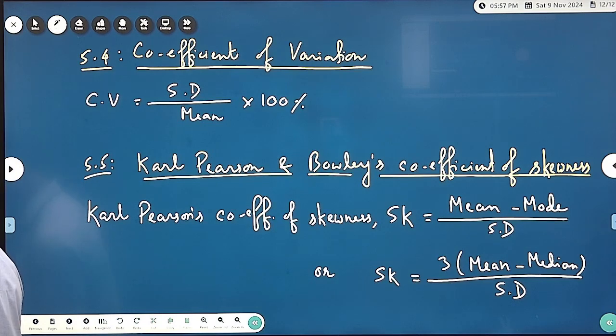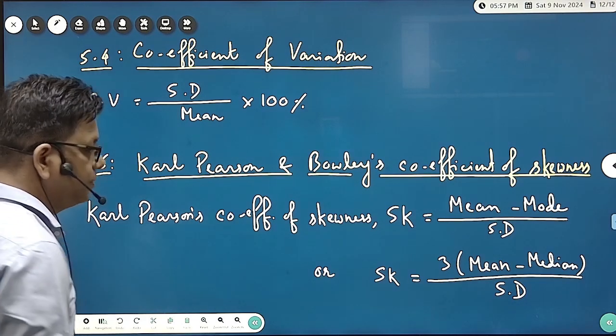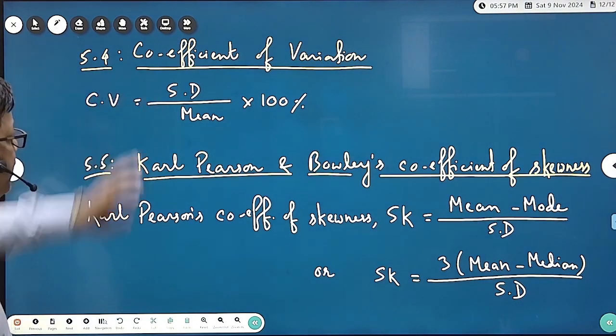All right, so I'm going to wind up the class. Listen to me carefully. Bowley's coefficient of skewness I will be doing after a few classes. Look at this. This is 5.4, coefficient of variation. We did variance, now coefficient of variation. Physically, what they actually mean I can explain, but it will take time, and our question paper is limited to finding the values.